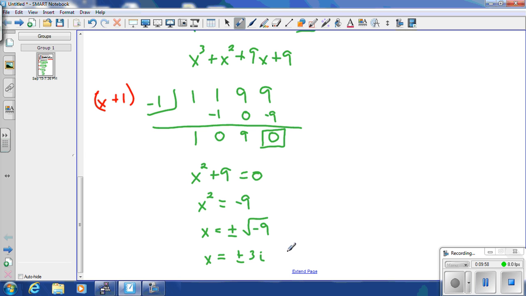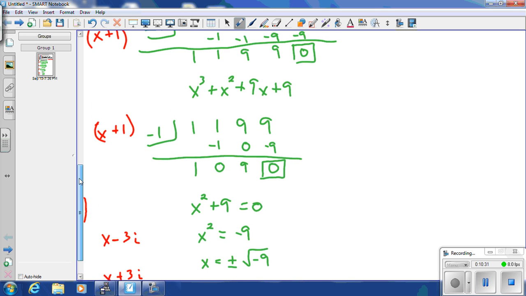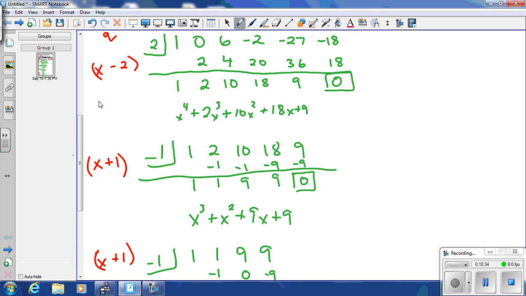So what that means is that my roots associated with that, if that's the x value that it occurs at, then I have an x minus 3i, and I have an x plus 3i, making a total of 1, 2, and I'll move up here. 1, 2, I've got the x plus 1 there, that's the third root, that's the fourth root, that's the fifth root.